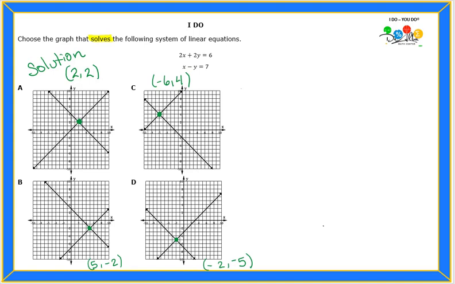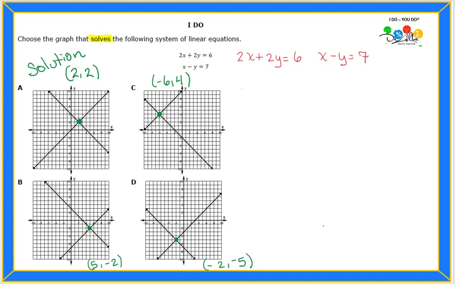Well, remember that they're already giving us the equations, right? So one of the things we can do, and of course there's different ways to do it, but I think this is one of the easiest ways to do it. You're going to write down the equations that are given to you, okay? And you're going to replace, but remember, you need to do both at the same time, okay? So I'm going to write down x minus y equals 7 right here, okay?